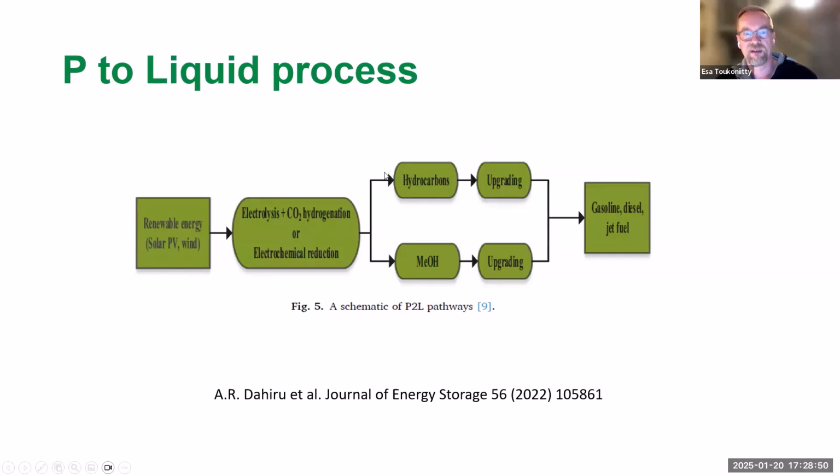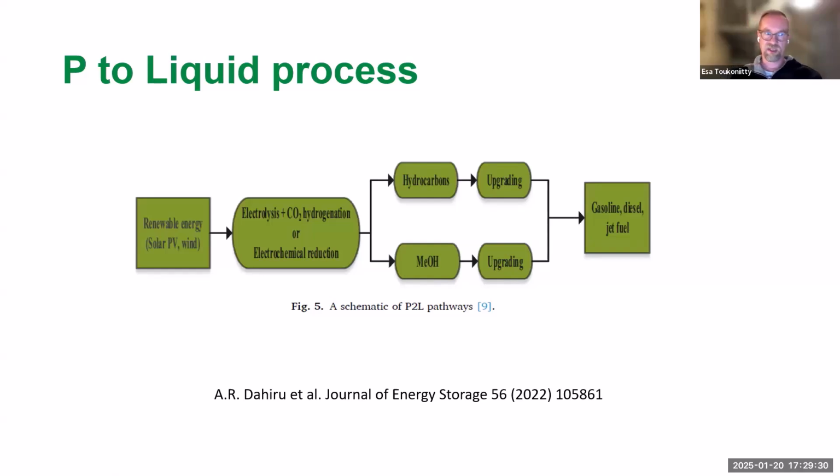But basically, you can come out with different types of hydrocarbons or organic molecules, and depending on the application, you may upgrade them by treating differently. So this can be a multi-step process, from hydrocarbons to upgrading to gasoline, diesel, jet fuel products. The other route here is making methanol, the simple alcohol, upgrading that, and also those products could be used in gasoline and diesel and jet fuel.